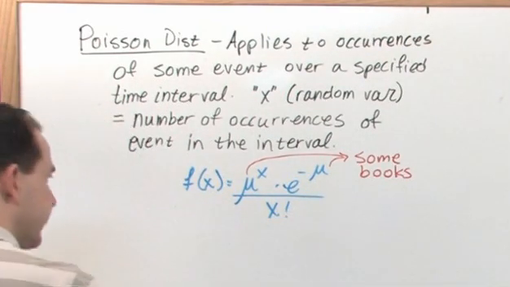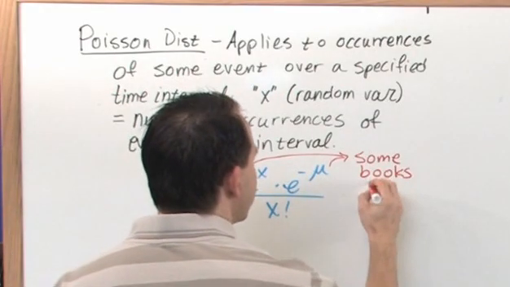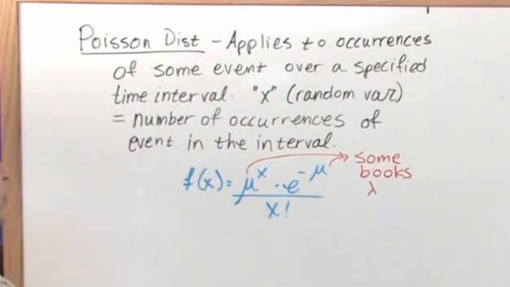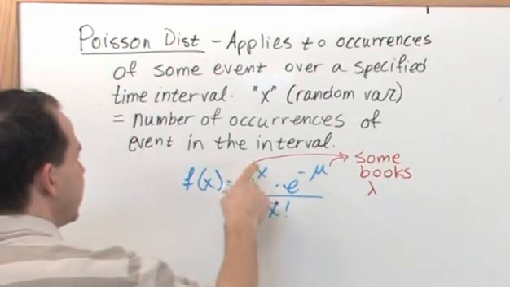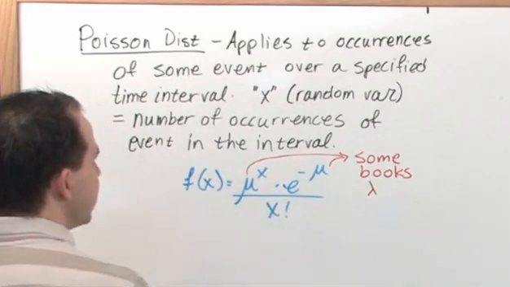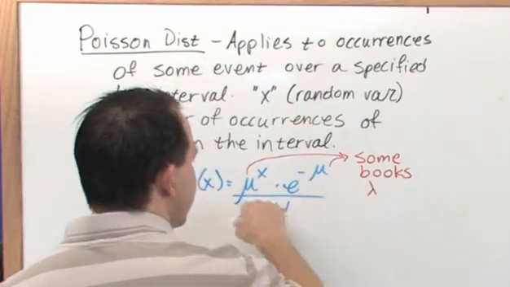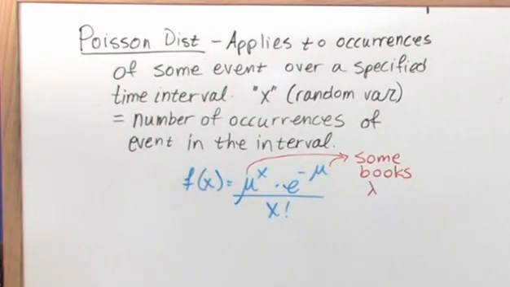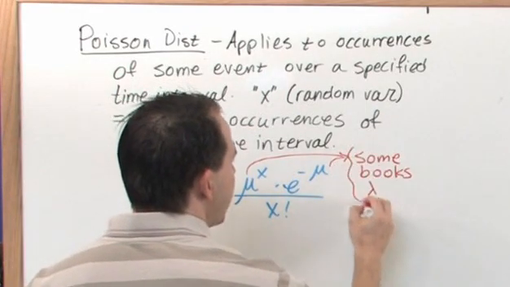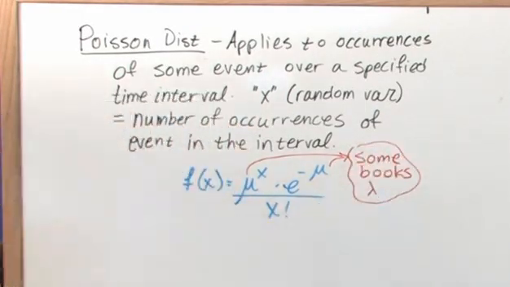Sometimes they're listed in terms of lambda instead of mu. So when you see a book that has lambda to the x, e to the minus lambda, then that's exactly what it is. It's just the average value, and we'll work some of that. Don't worry about that too much now. It's really easy to calculate that, okay?